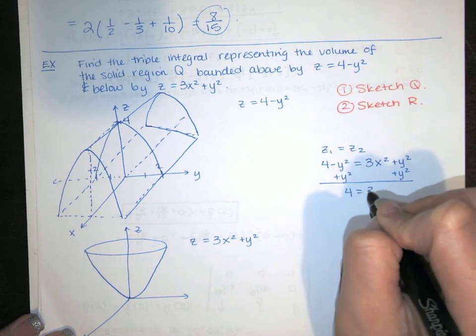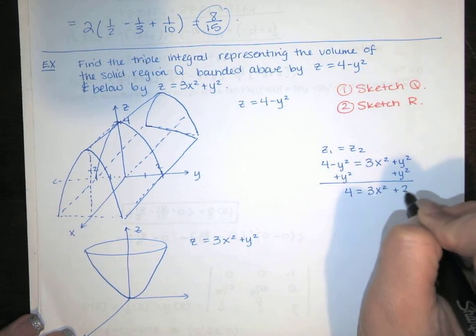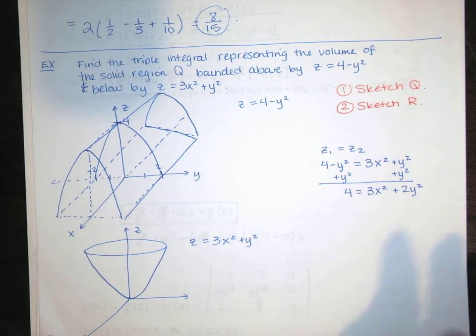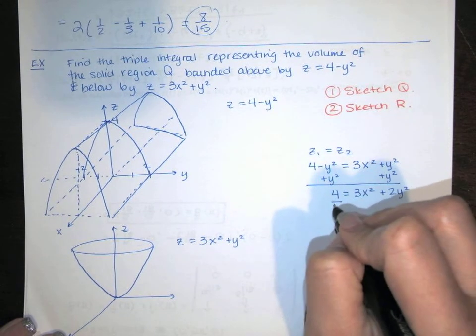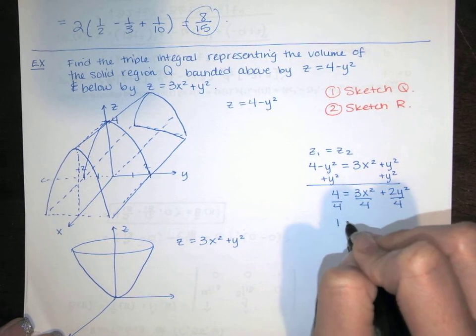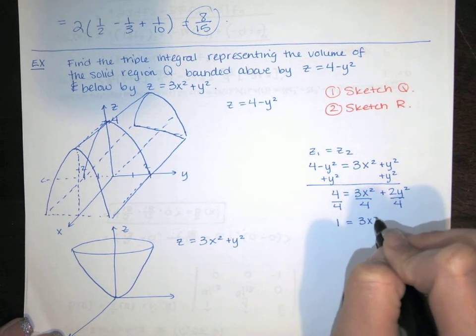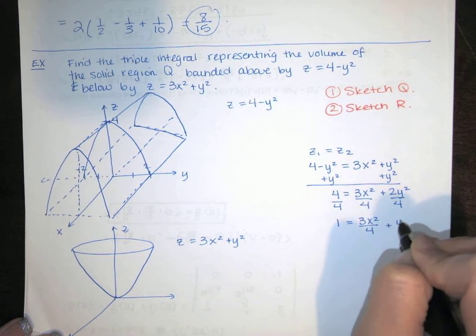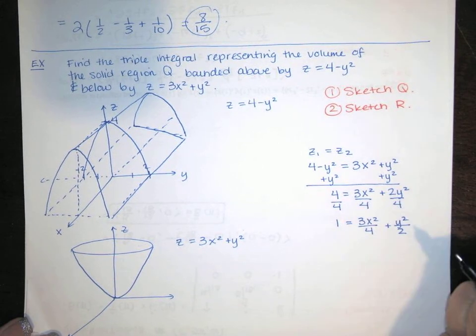So I have 4 equals 3x squared plus 2y squared. And that's an ellipse, so it's going to meet in an ellipse. In order to write the ellipse in standard form, I'll divide both sides by 4. So I end up with 1 equals 3x squared over 4 plus y squared over 2.